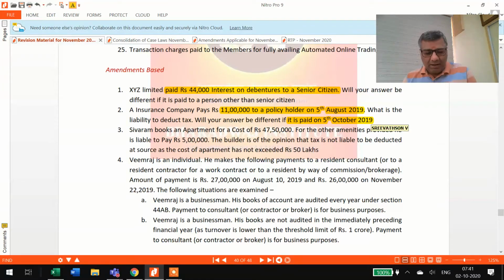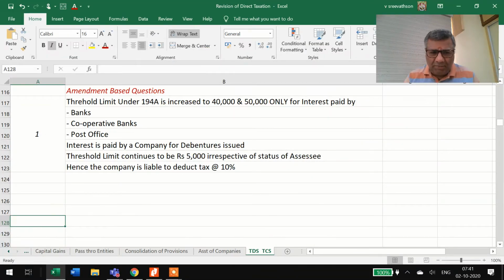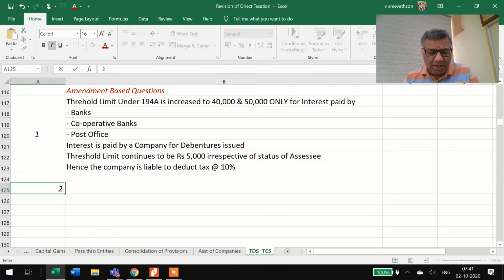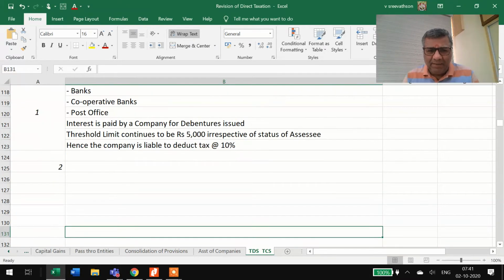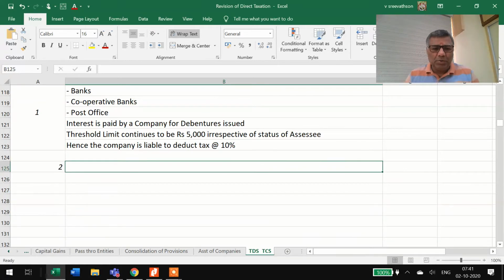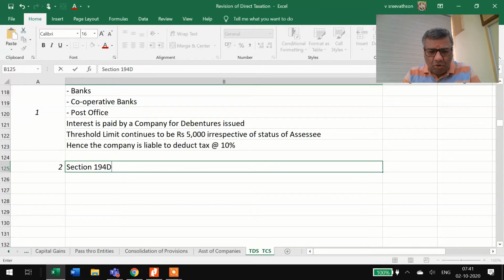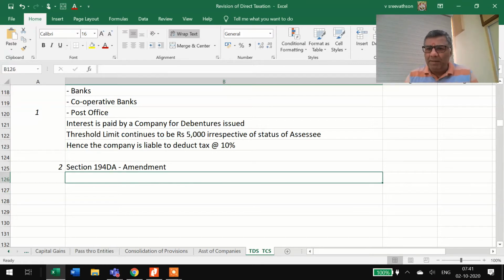In both the cases, I have not given the insurance policy value and all, so that I can write the law and state it again. The second question, I am covering the section 194DA amendment.